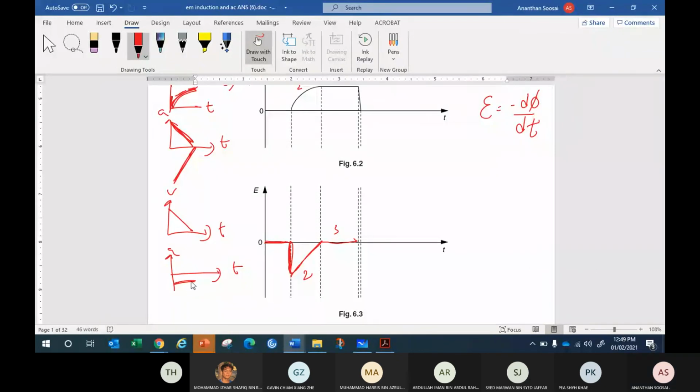But here we reflect at the x-axis, it becomes positive. So you go up, positive, like a straight line, like a box, and go to 0. So this is the shape of the graph. EMF is the rate of change of magnetic flux.